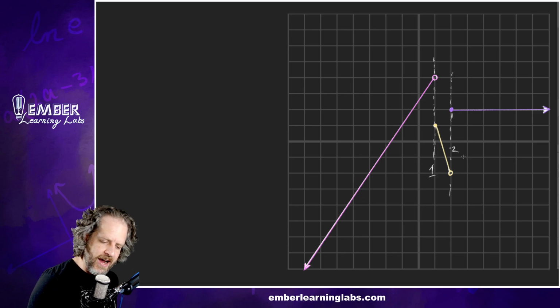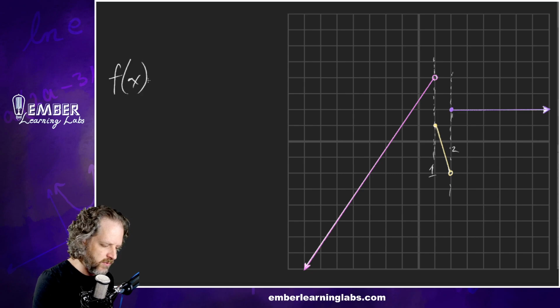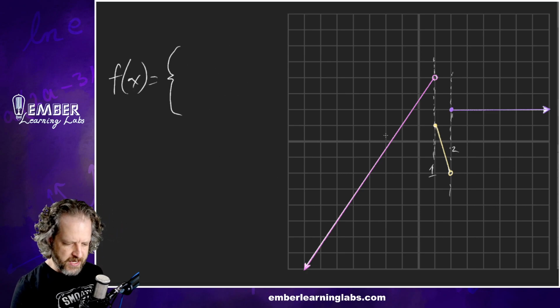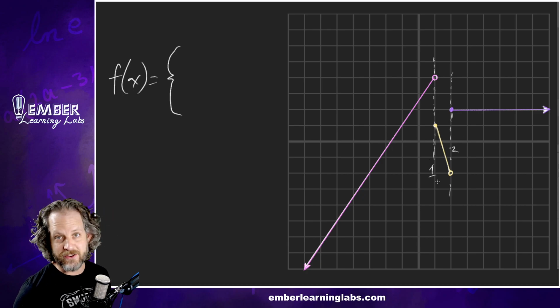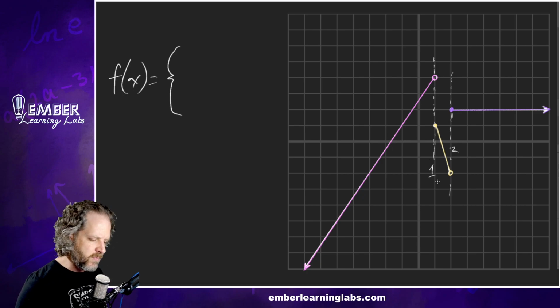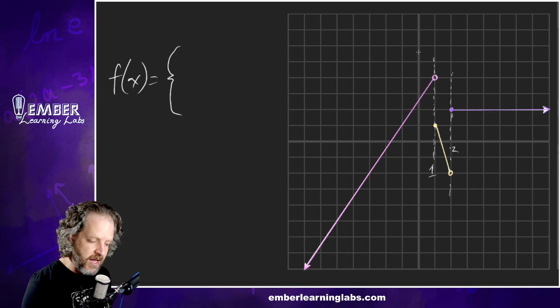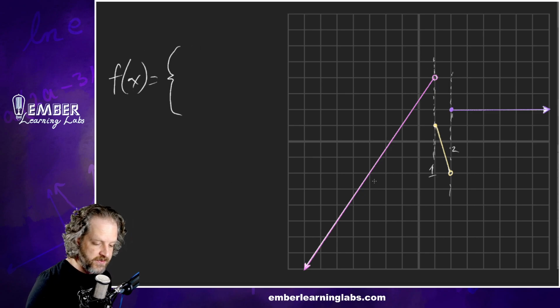So when we define this function, f of x equals, we're going to have 3 different pieces: 1, 2, 3. I made these different colors so that it's easier to see what's going on. This pink one is to the left of 1, so it's when x is less than.